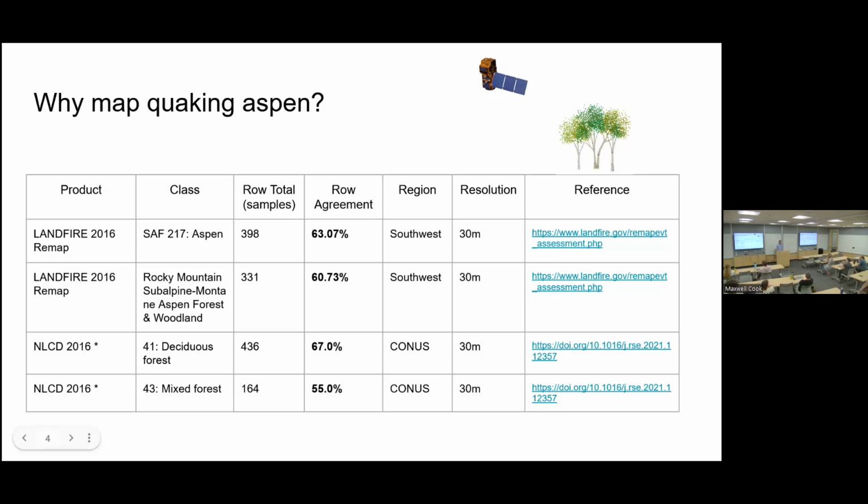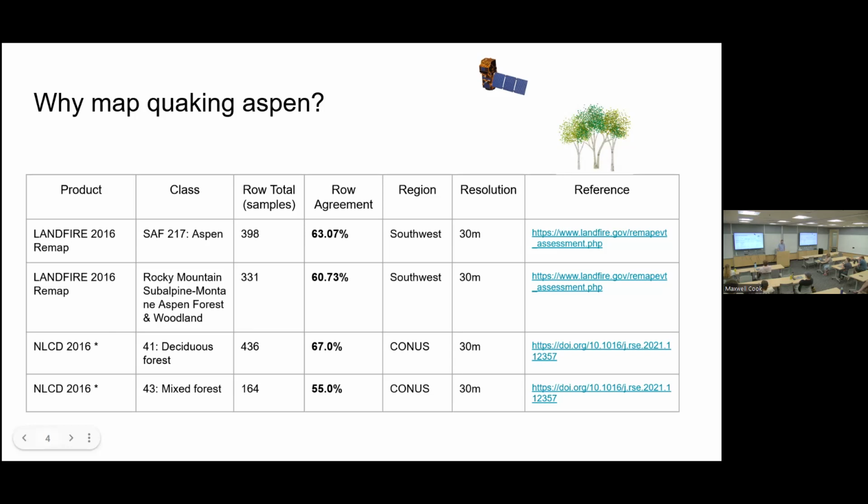These existing maps are also based on 30-meter Landsat data. So this is pretty typical of most land cover products. And with the advent or introduction of new satellite sensors, there's an opportunity to map the species at a higher spatial resolution.